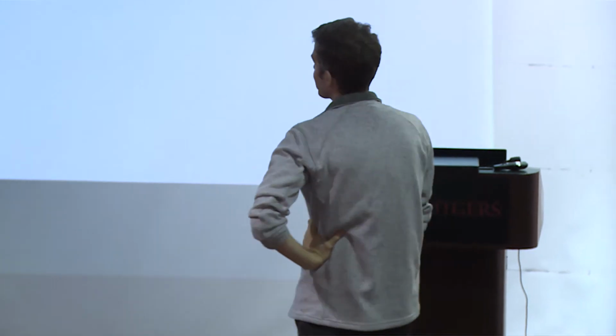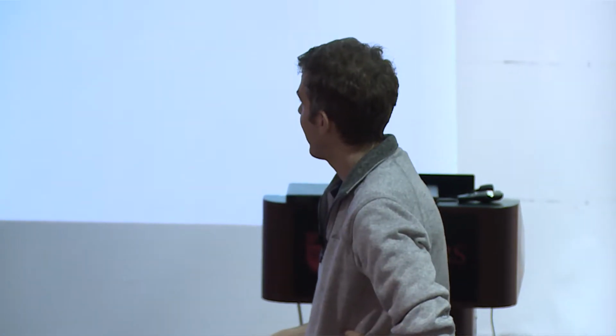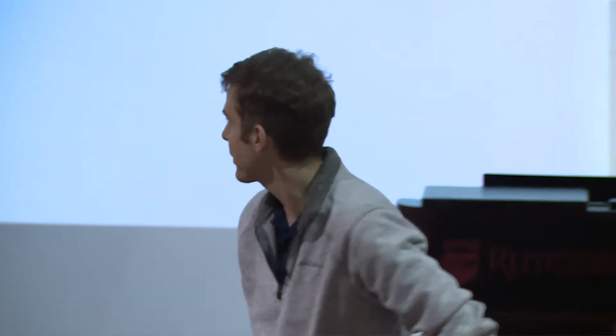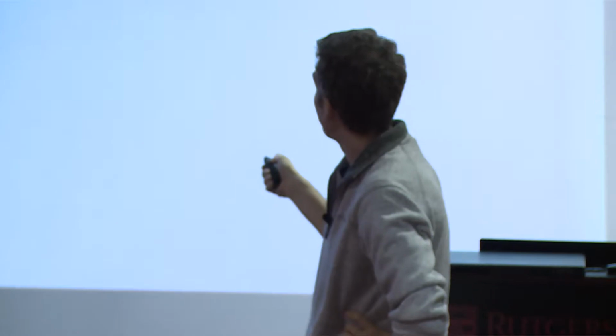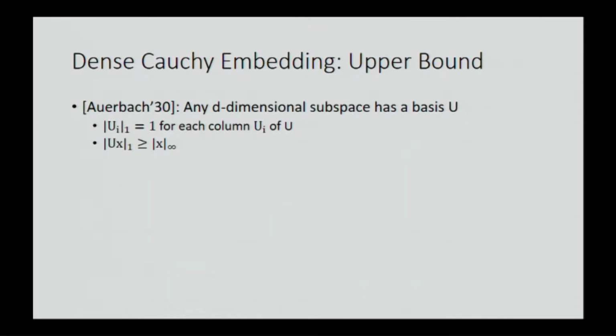Instead, we use an Auerbach basis. This was introduced in this line of work in a paper of Dasgupta, Mike Mahoney is on that, and others. It says that for any d-dimensional subspace of R^n, I can find a basis U with the following properties. The one norm of each column of U is 1, which I get just by scaling.